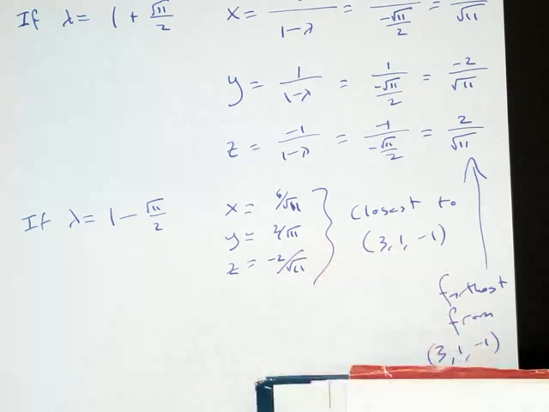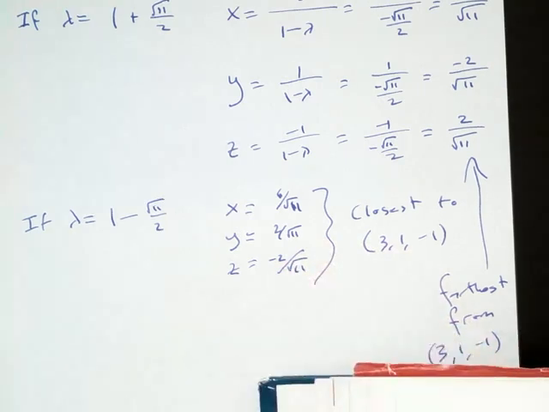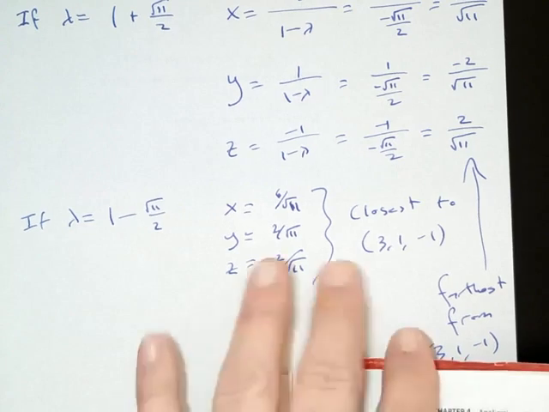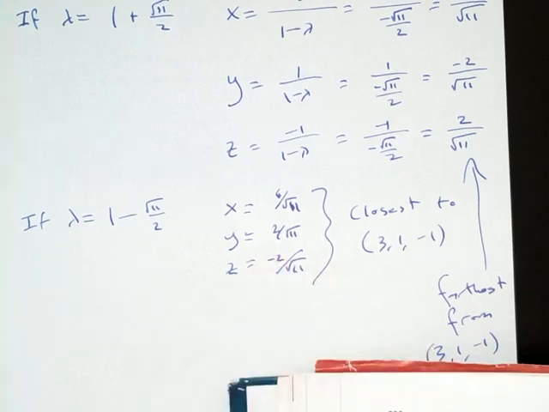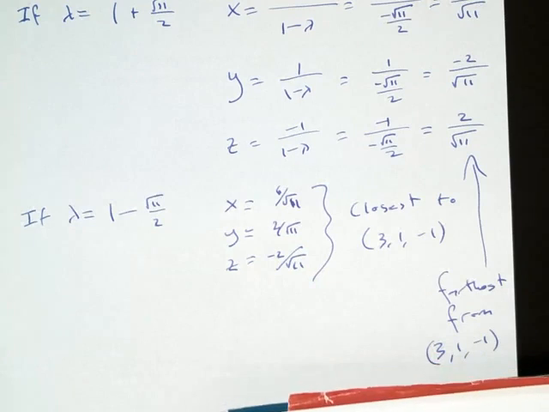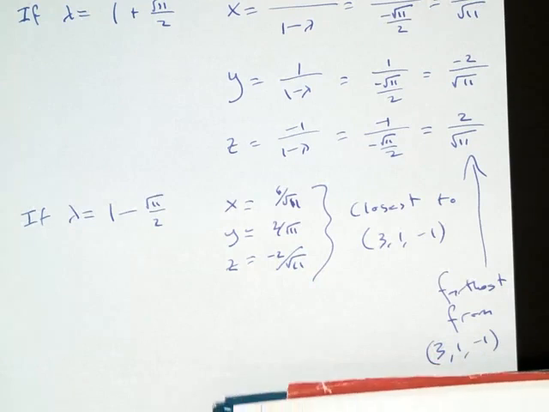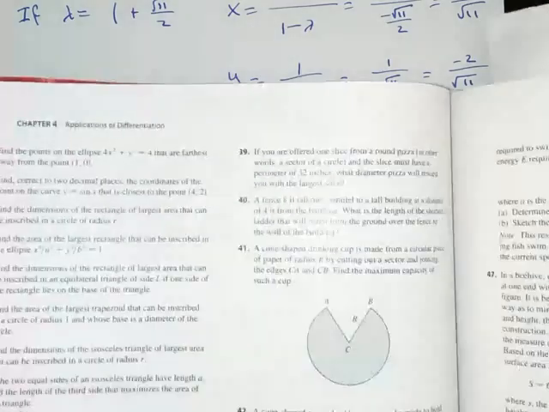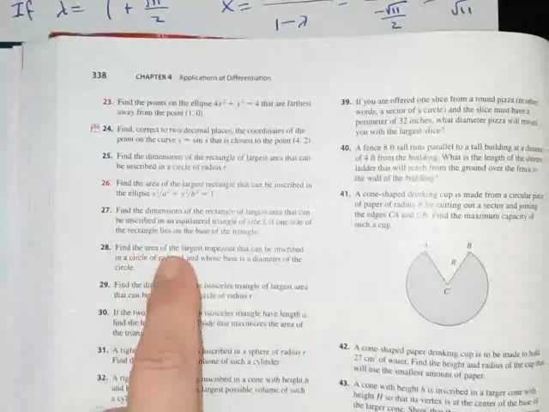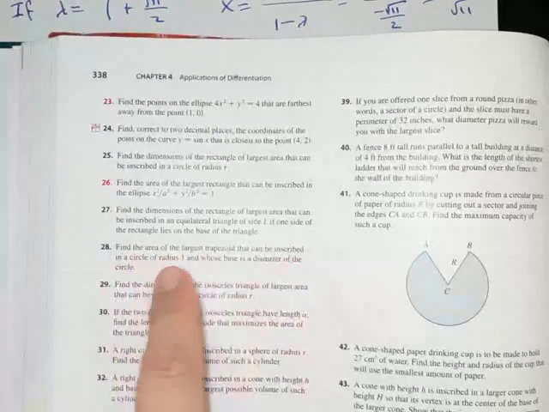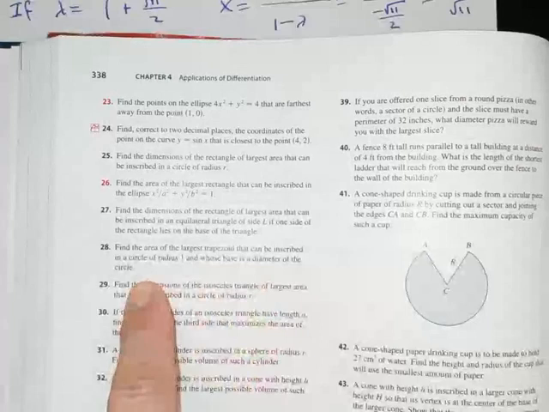Where is optimization in here? Chapter 4, section 6, 7. Here we are. Optimization problems. Find the area of the largest trapezoid that can be inscribed in a circle of radius 1, whose base is the diameter of the circle.